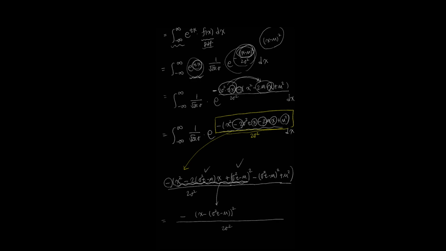Let's just take it out. Just minus here. So minus is going to be plus, and it's going to be negative. So sigma squared times t minus mu, squared, minus mu squared.